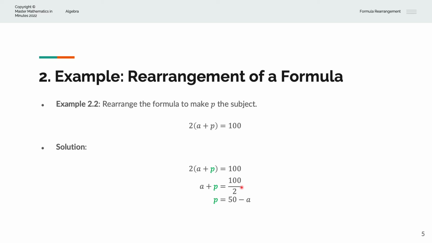And so we have 100 divided by 2 on the right-hand side, and that simplifies to 50. And we'll copy the p down, and we'll bring the a to the right-hand side, and that becomes minus a. And so we've rearranged the formula to keep p on the left-hand side, the subject, and all of the other terms on the right-hand side.